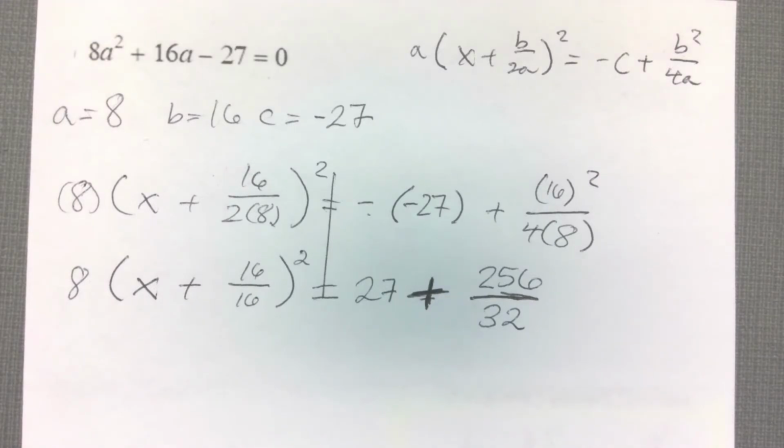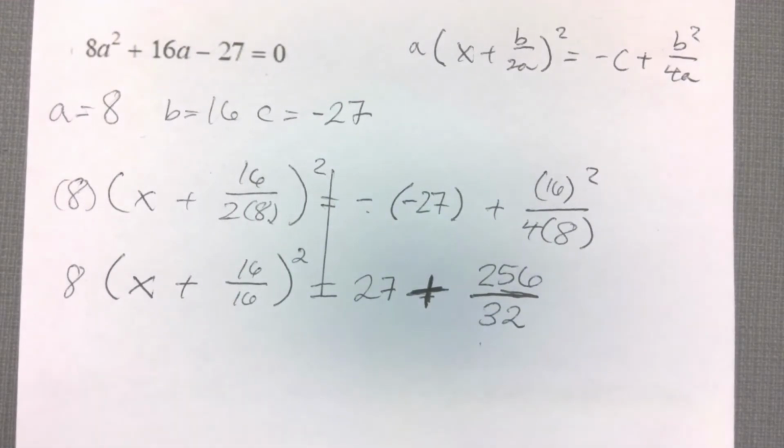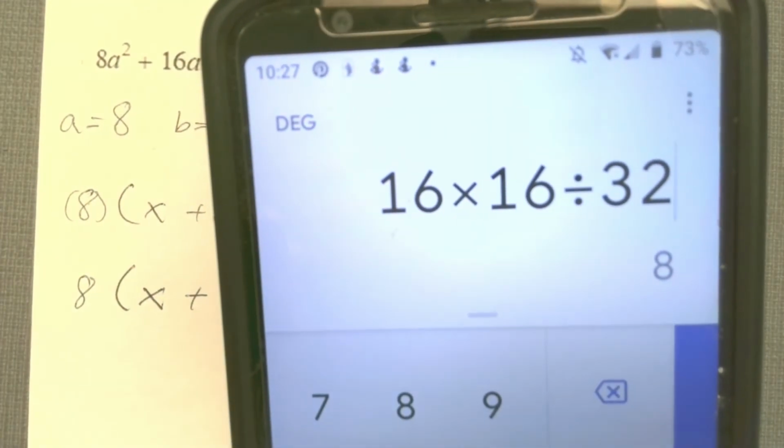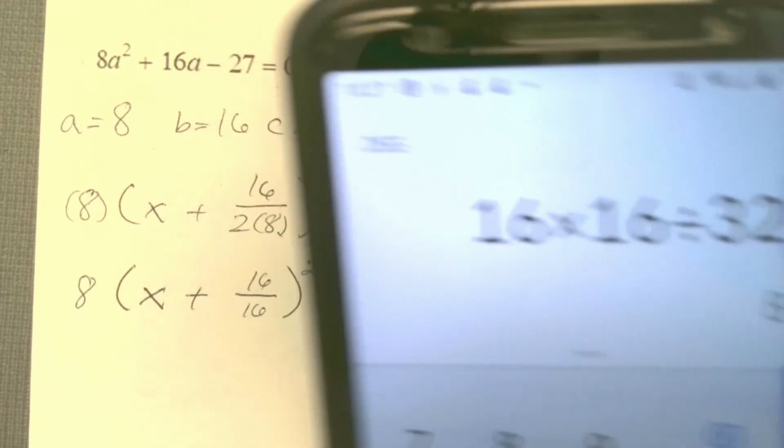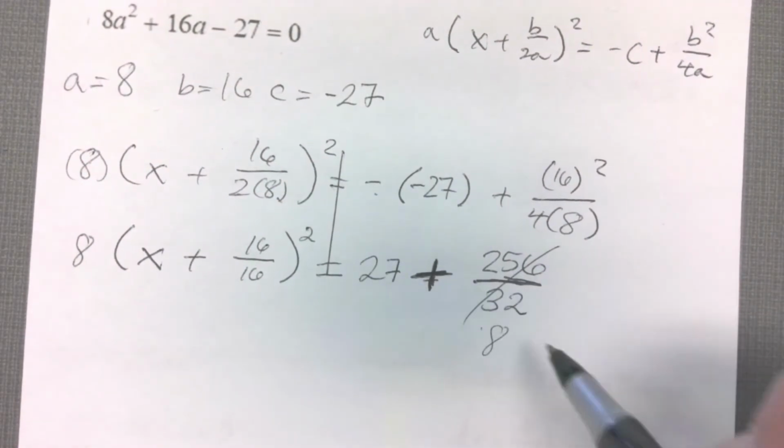Okay, we're going to give it a second. 256 divided by 32, does that come out nice? I think it does. Comes out as 8. So this whole thing is just 8.